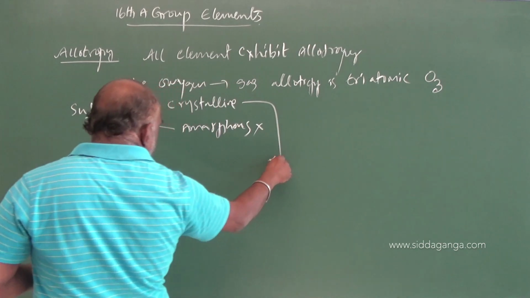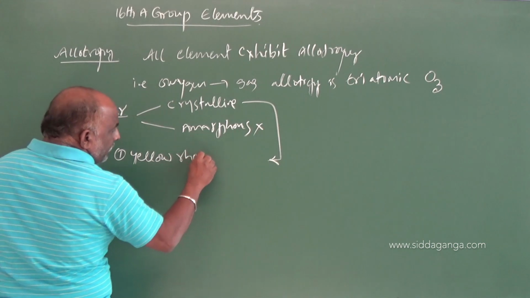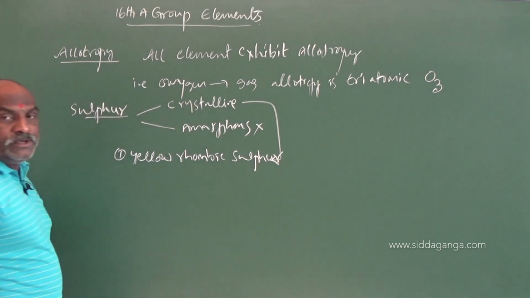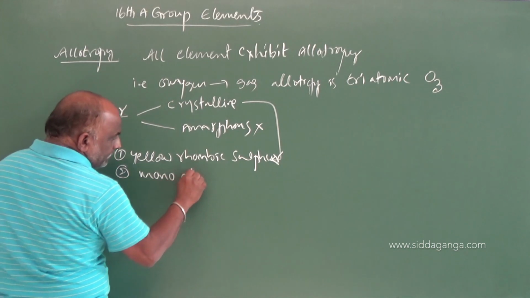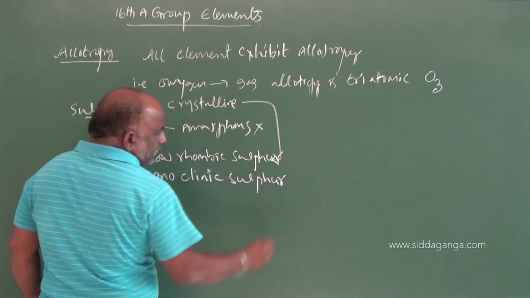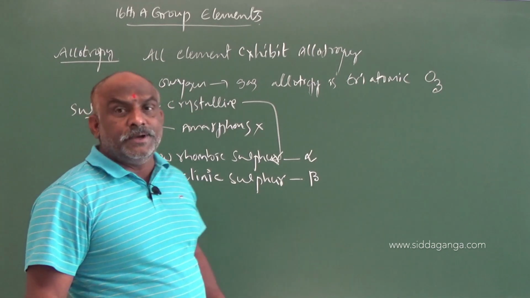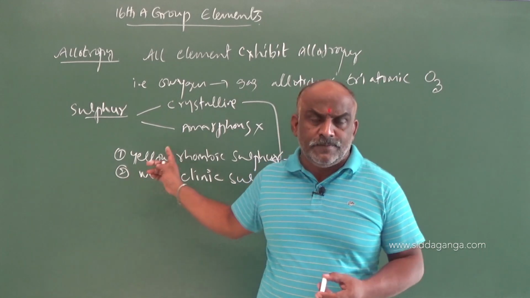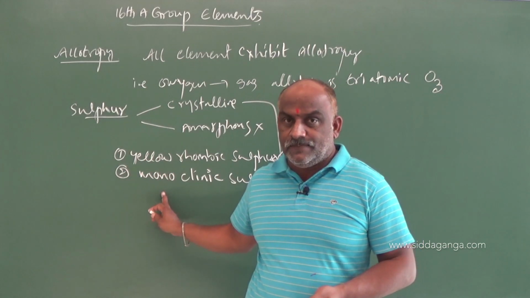Number one is yellow rhombic sulfur, and second one is monoclinic sulfur. Yellow rhombic sulfur is called alpha sulfur, monoclinic sulfur is called beta sulfur. Make a note, my dear students, alpha sulfur and beta sulfur both are crystalline solids.